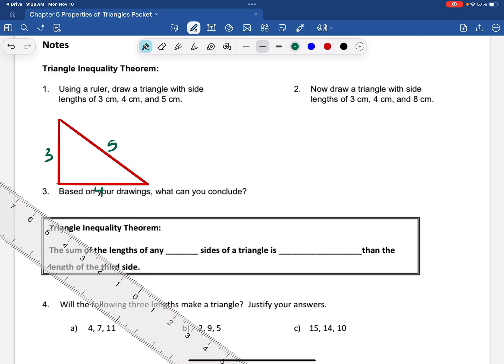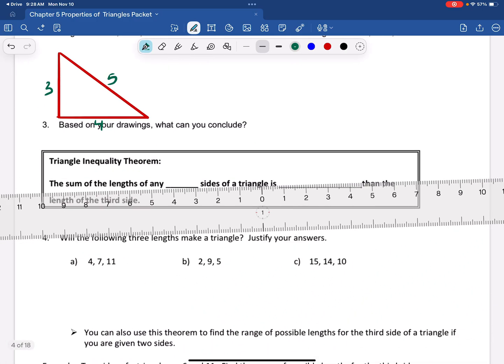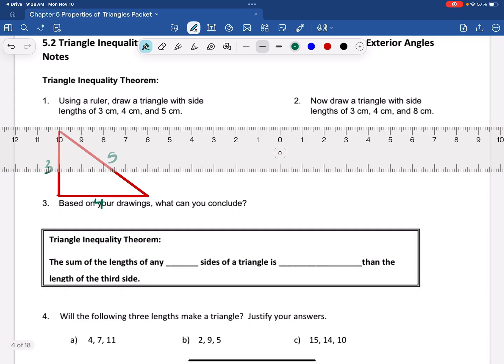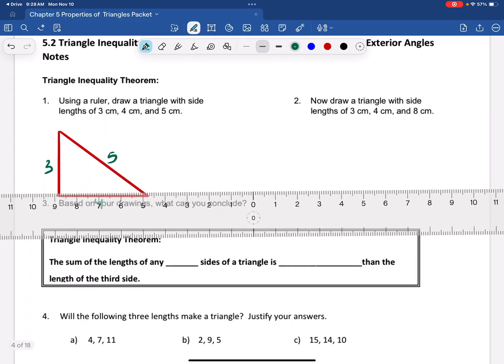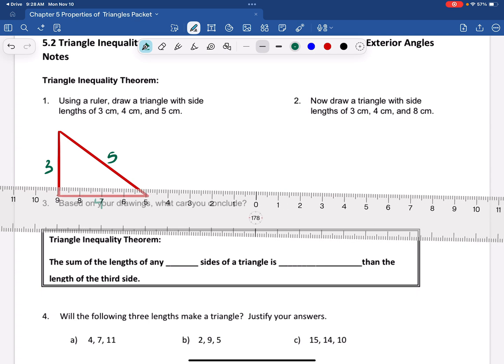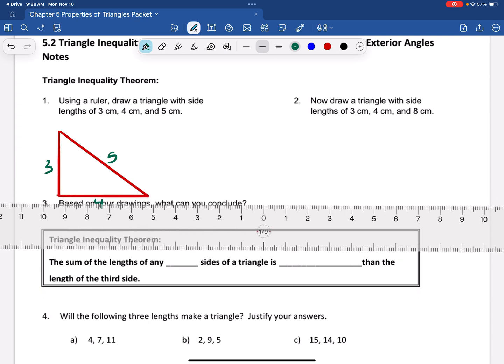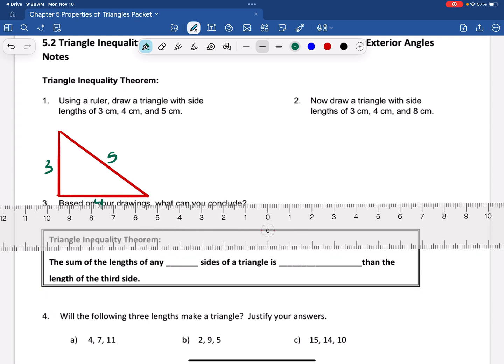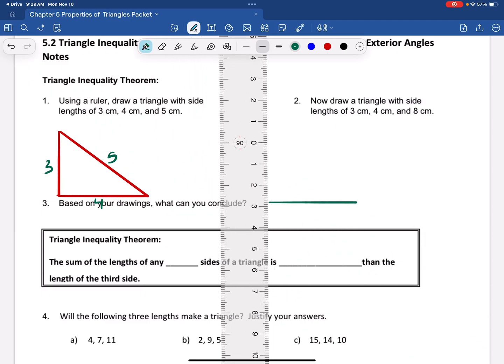All right, so let me come over here and do the same thing. I'm going to put my 4 down at the bottom. And then I'm going to put my 3 on the side.